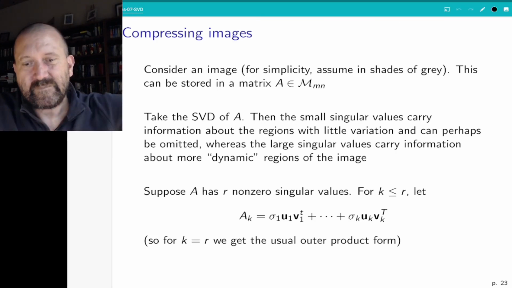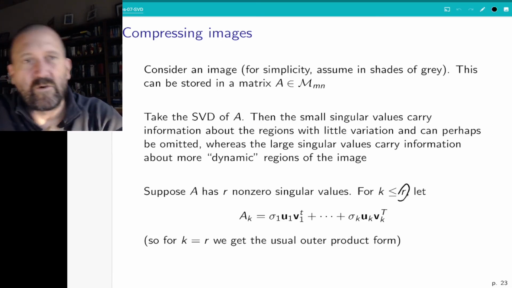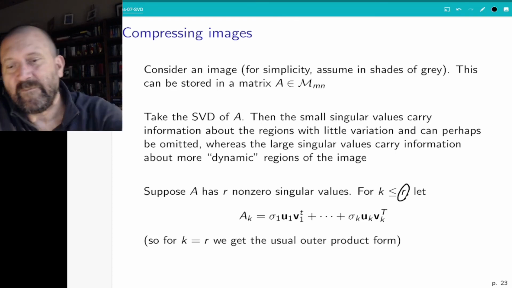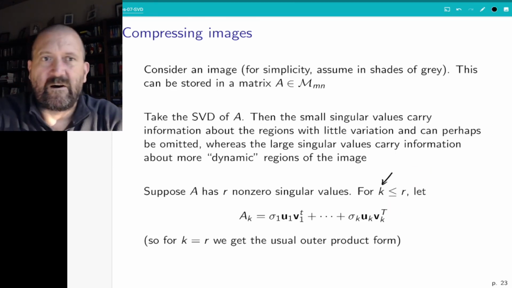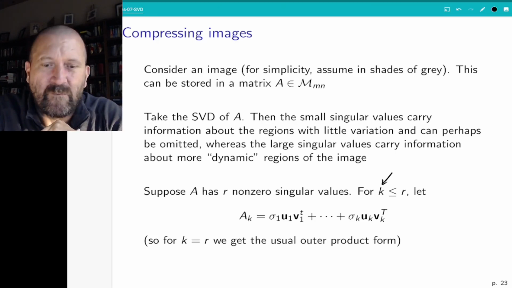Remember that r is the number of non-zero singular values. For some value k less than or equal to r, we could call it the partial outer product form.